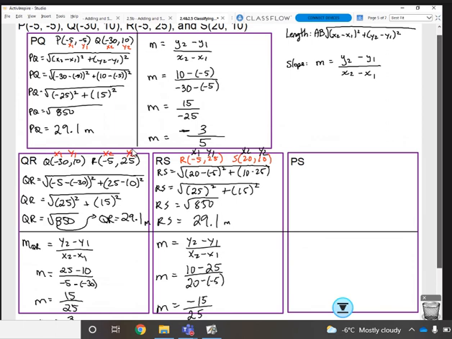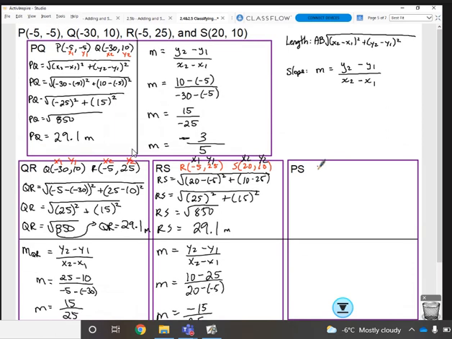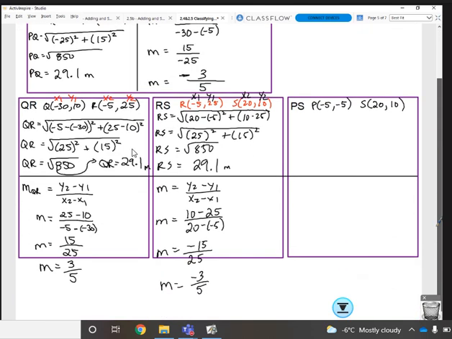And then PS. P is negative 5, negative 5. S is 20, comma 10. We have x1, y1, x2, y2. Here we go.